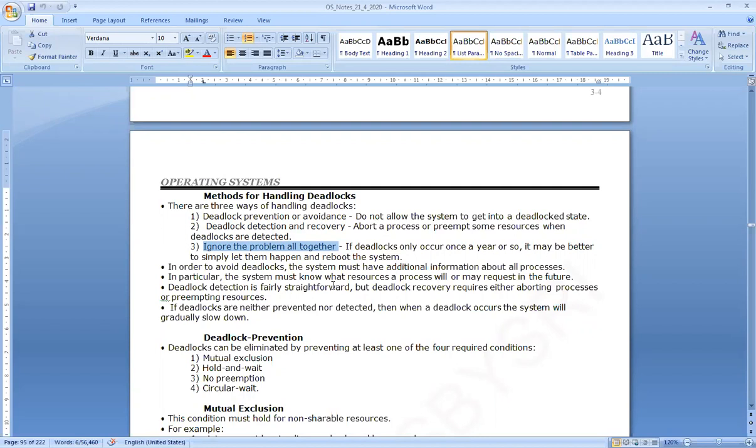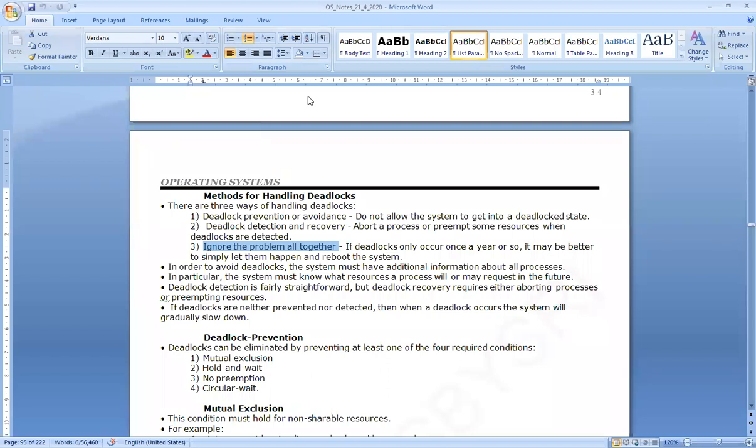The third option is called ignore the problem altogether. We can ignore the problem completely. Means what? We behave as if there is no deadlock situation. We can go ahead with the execution of the application, without any avoidance or without any detection of the deadlock.